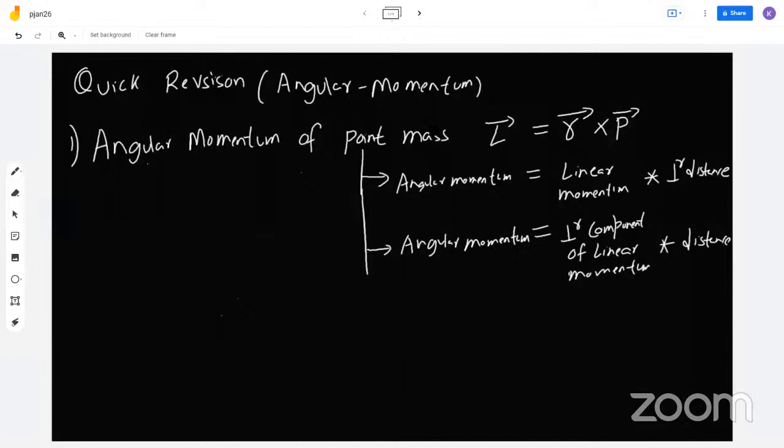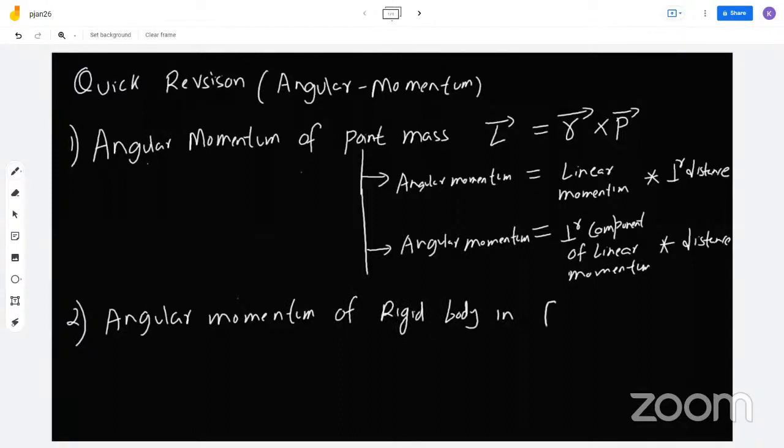So guys, then after that, what was it for rigid body? Angular momentum of rigid body in fixed axis rotation.